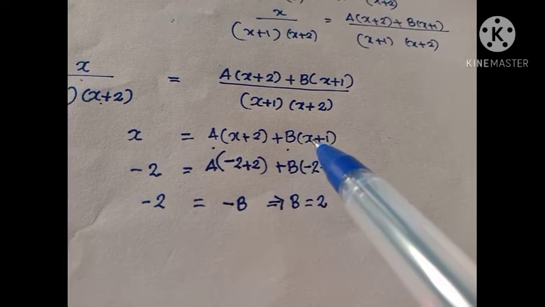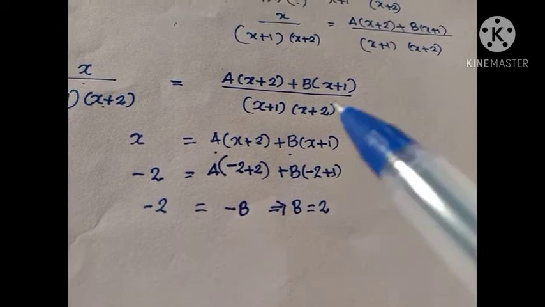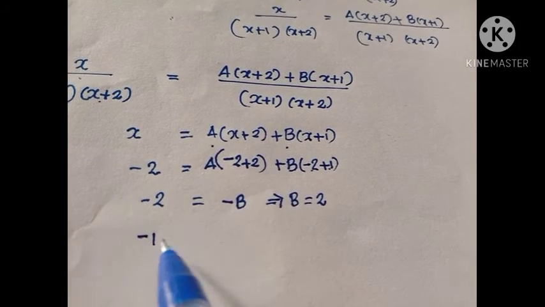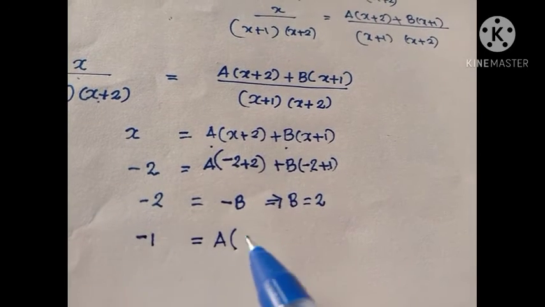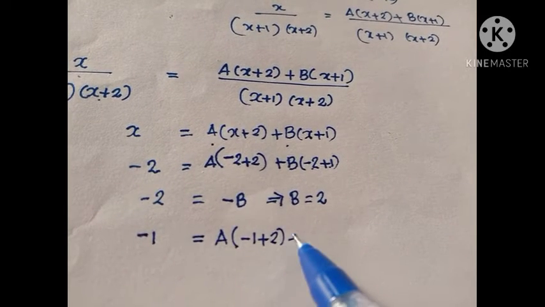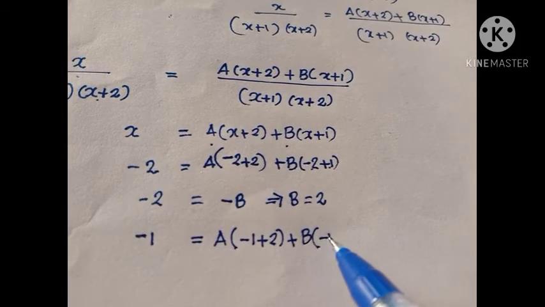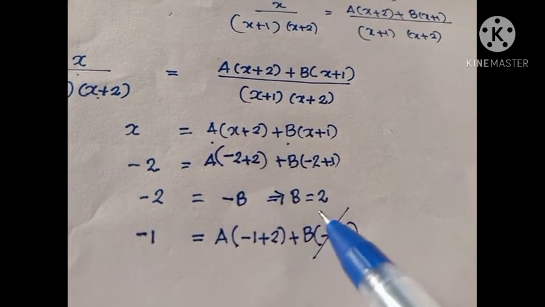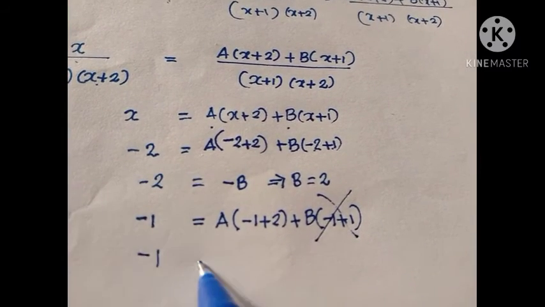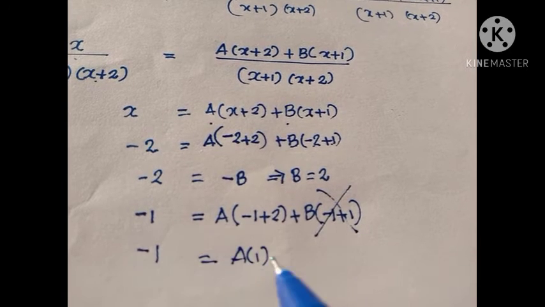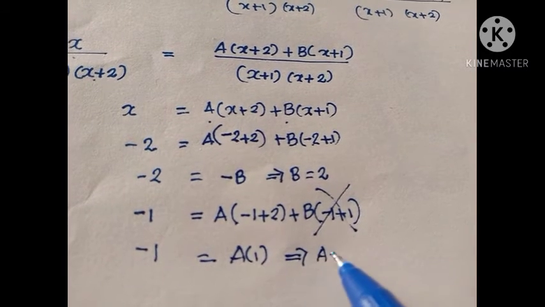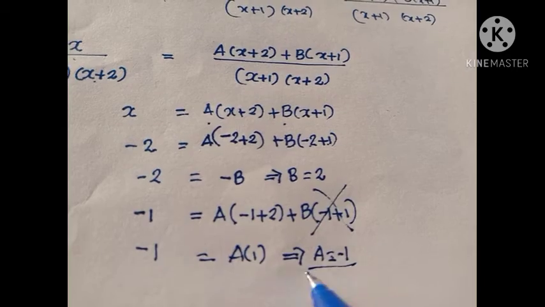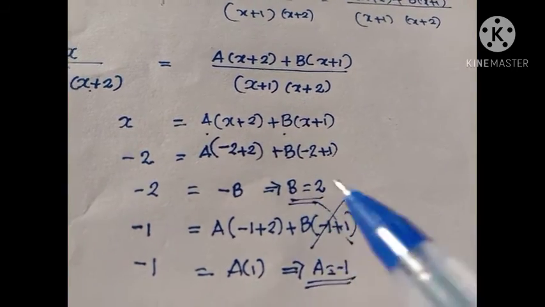To remove b, put x equal to minus 1. Throughout give x equal to minus 1. a into minus 1 plus 2 plus b into minus 1 plus 1. So this becomes 0. Minus 1 equal to a into 1, or a equal to minus 1. So a equal to minus 1 and b equal to 2.